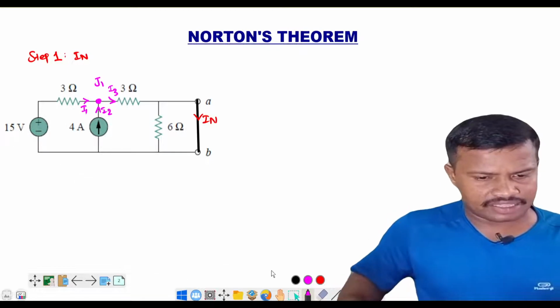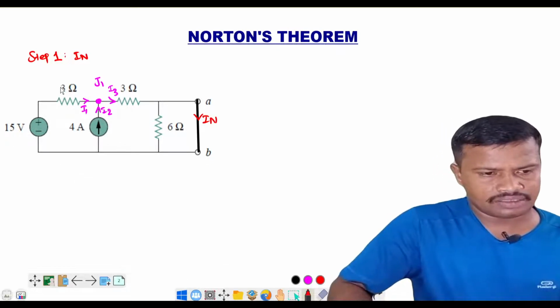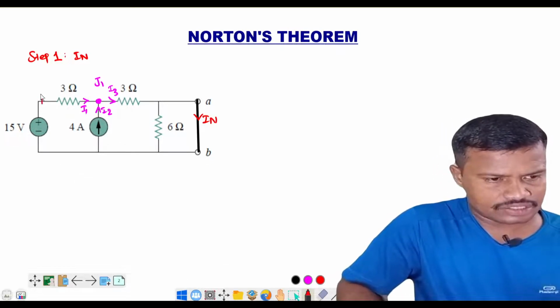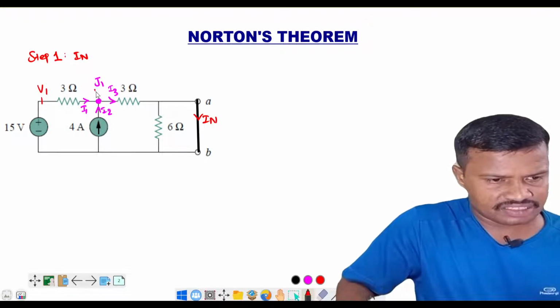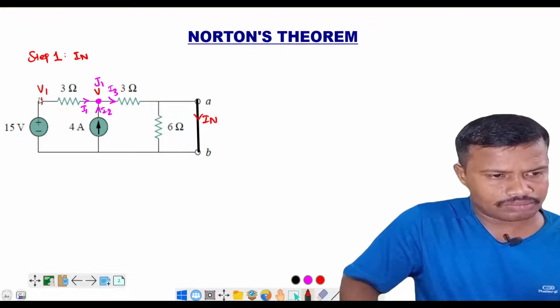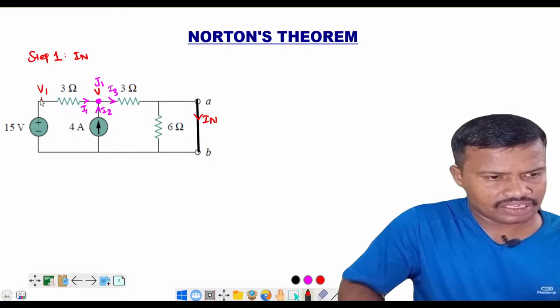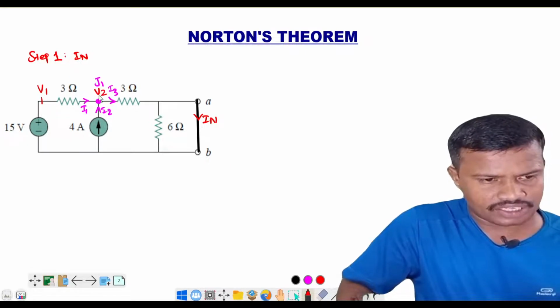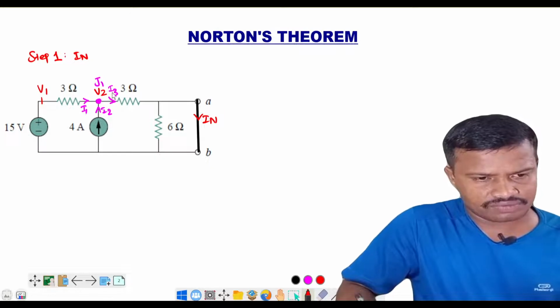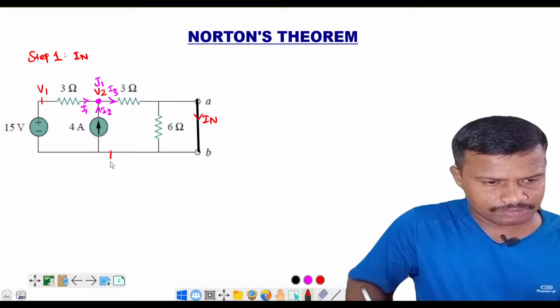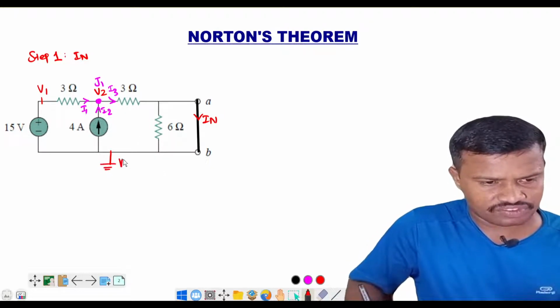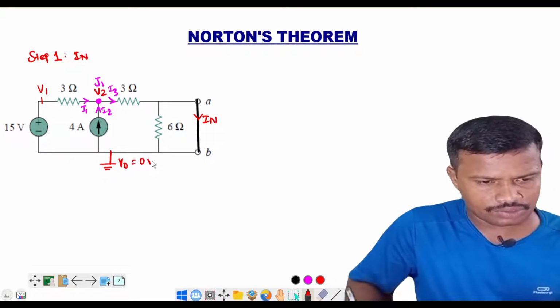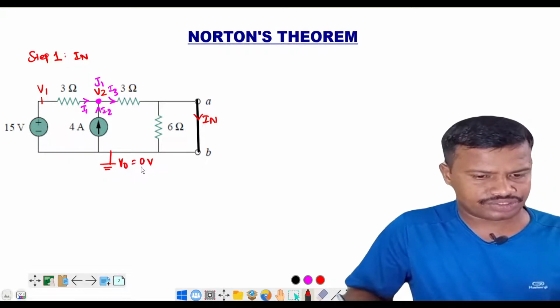Now we will apply the nodal analysis to find the value. So let us say this is node 1, and the voltage at this node is V1. This is node 2, voltage at this node is V2, and this is the reference node V0, which is equal to 0 volt because it is at ground potential.